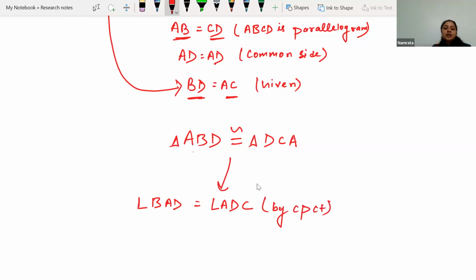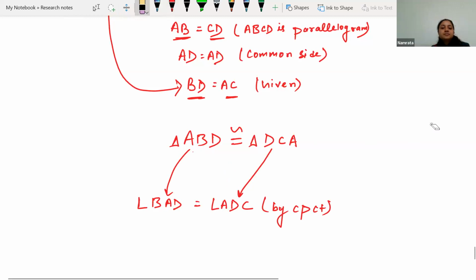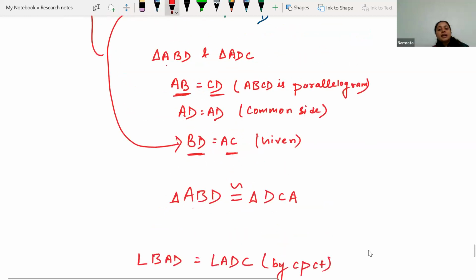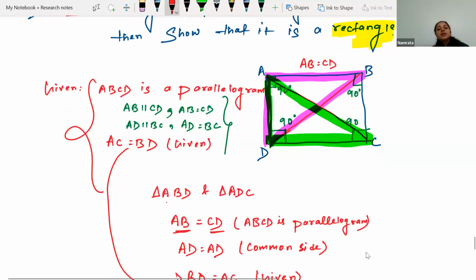Angle A from here is equal to angle D from here. That's why we have written the name properly. We have written the case that these two will be equal by CPCT. That means angle BAD and angle ADC both will be equal.